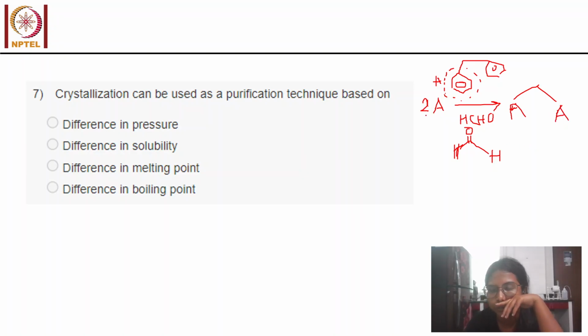Then what can you do? Obviously the first thing you can do is perform a column to separate, but you can also use the crystallization technique. How? This bridged compound and your starting material, which is simply A, will obviously have a difference in their solubilities in a particular solvent.